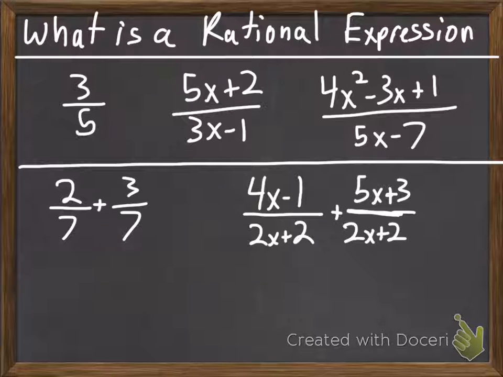So, what is a rational expression? Well, 3/5, 5x plus 2 over 3x minus 1, 4x squared minus 3x plus 1 over 5x minus 7. So, basically it's a fraction. Now we've worked with fractions before, but now our fractions are going to get complicated.